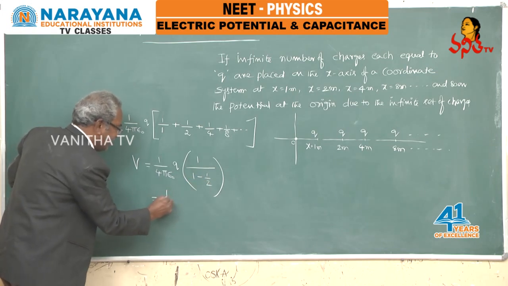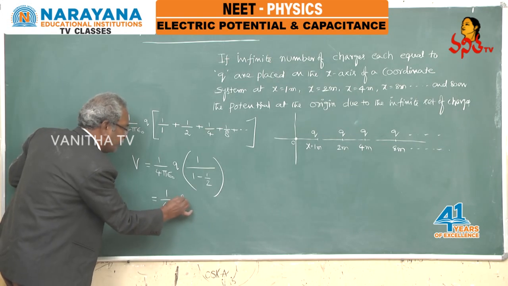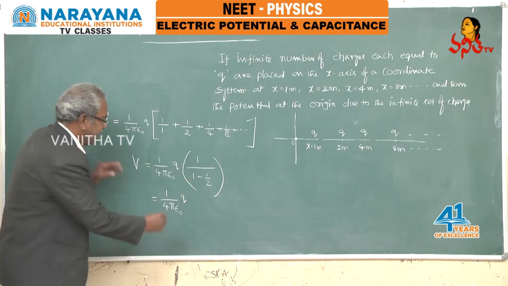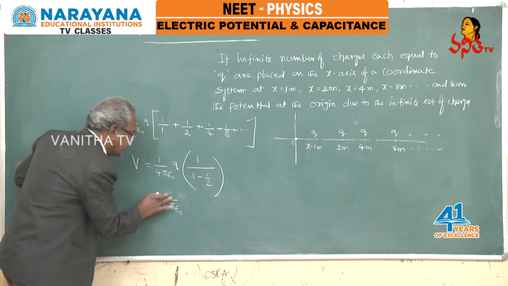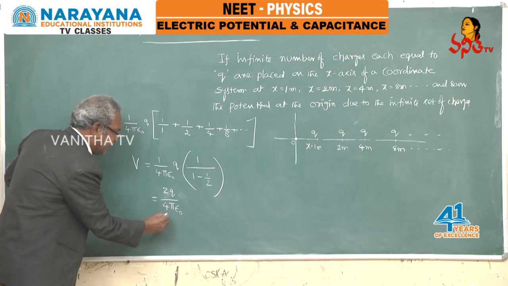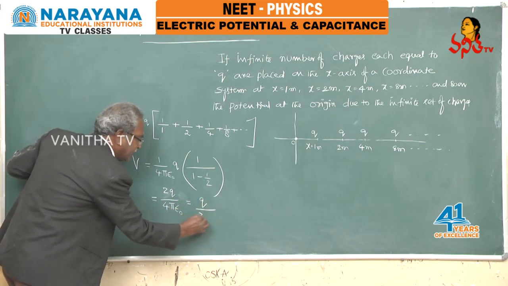So your answer will be 1 by 4 pi epsilon naught q times 1 by (1 minus half), which is nothing but 2. So finally this answer is 2q by 4 pi epsilon naught, that is nothing but q by 2 pi epsilon naught.